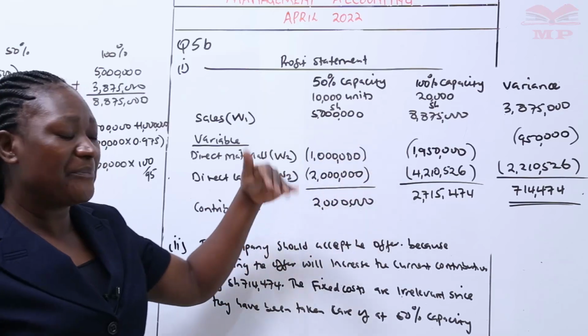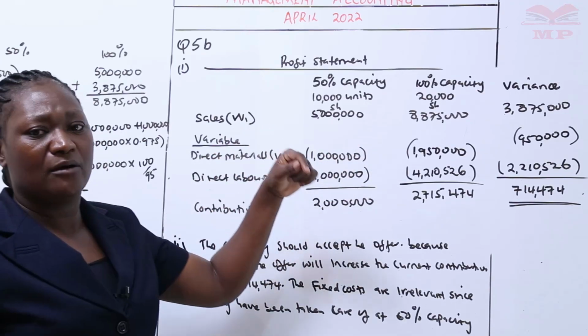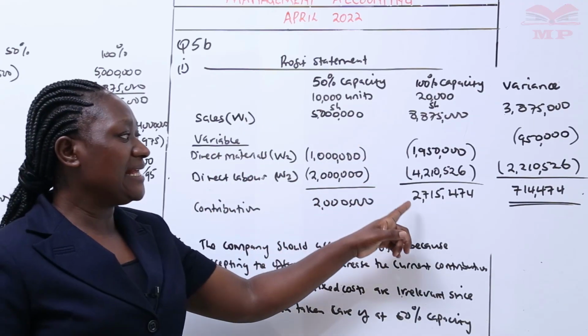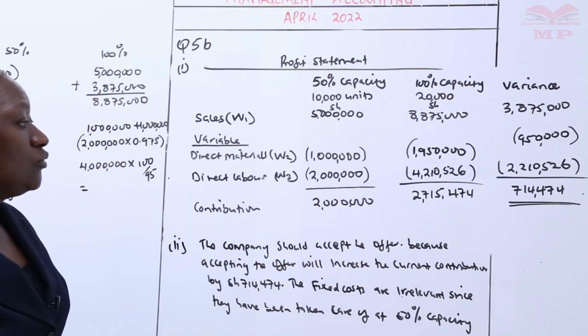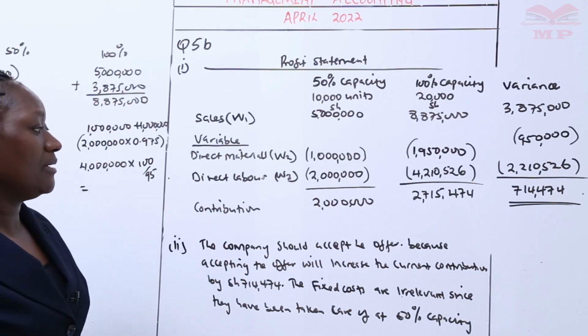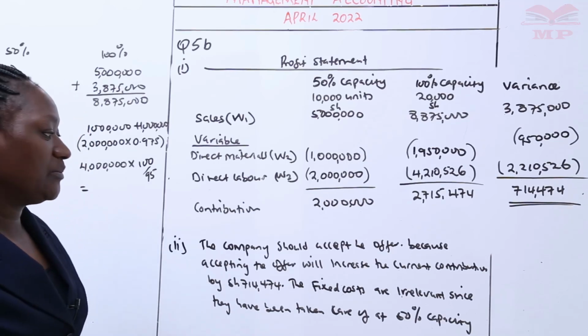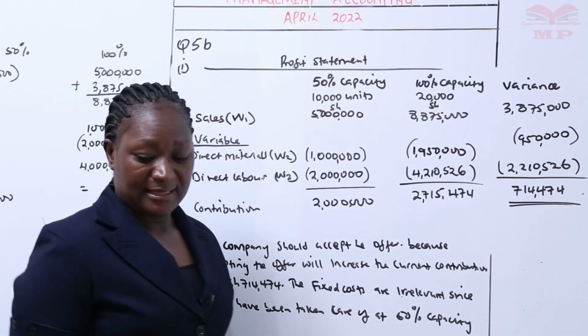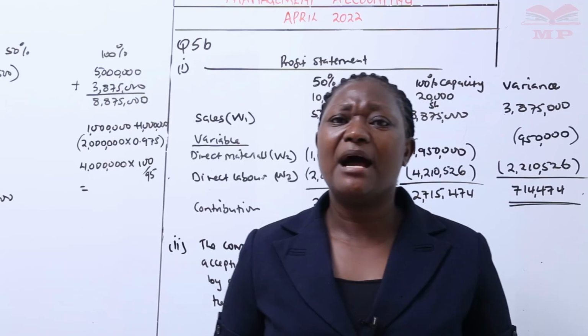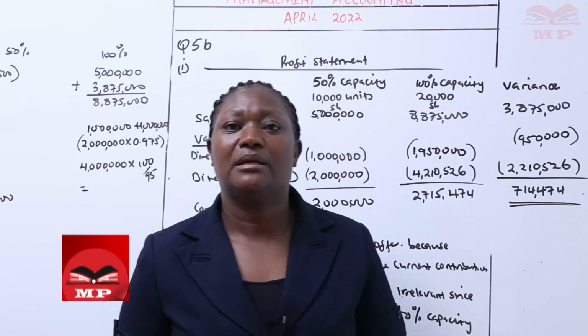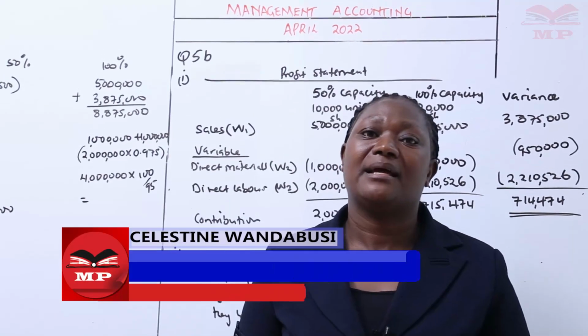So when that happens, what will be the contribution? To calculate the contribution, we exclude all the fixed costs. Why? We assume they are already taken care of under the current position. And that is how we are to go about question number 5.